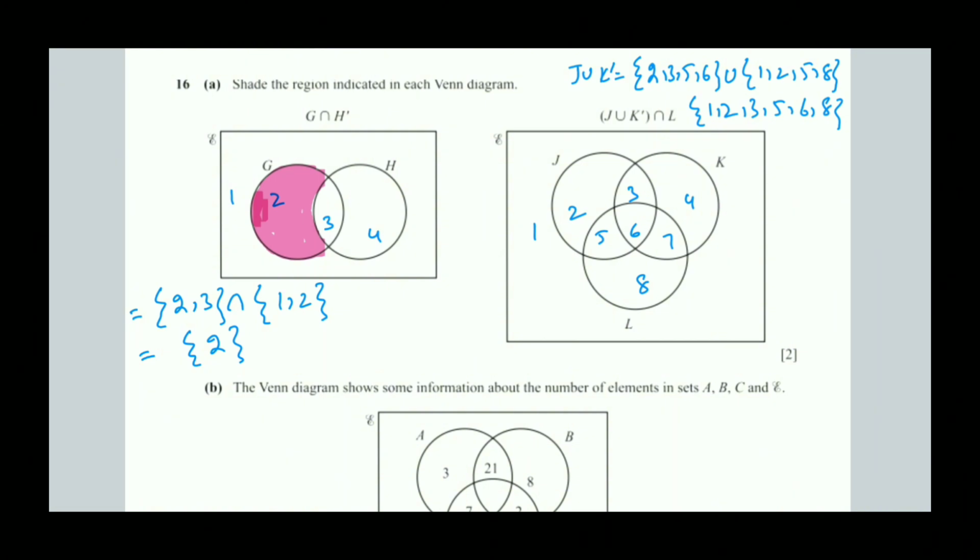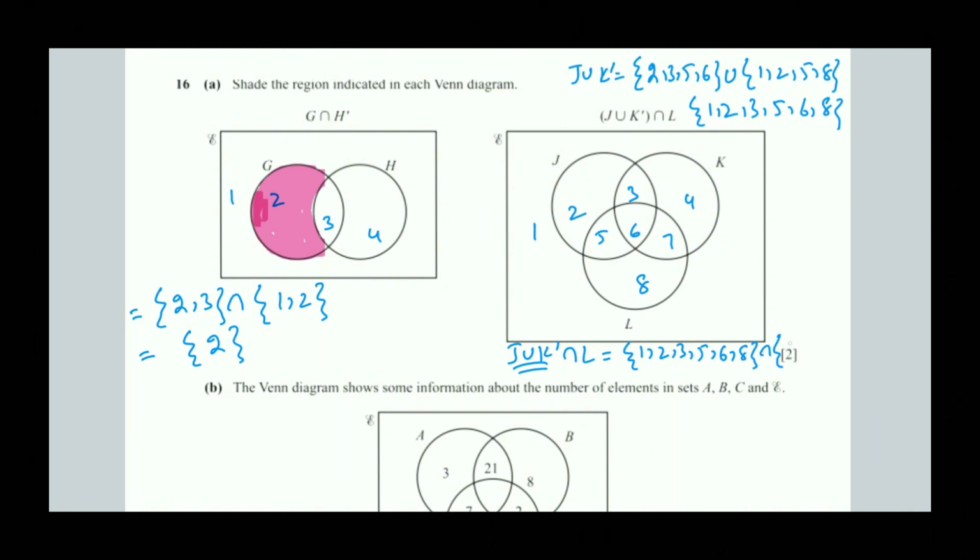Please check that you have not missed any element. 1 2 3 5 6 8. Okay, now I am writing here J union K complement intersection L. J union K complement is 1 2 3 5 6 8.